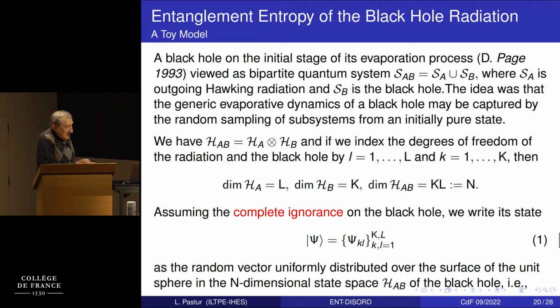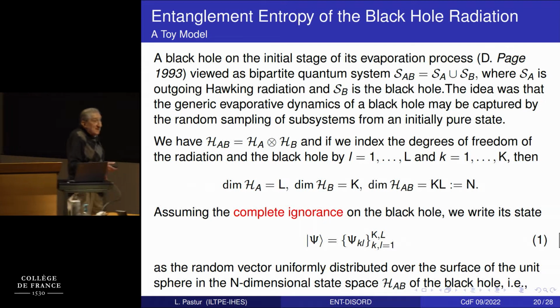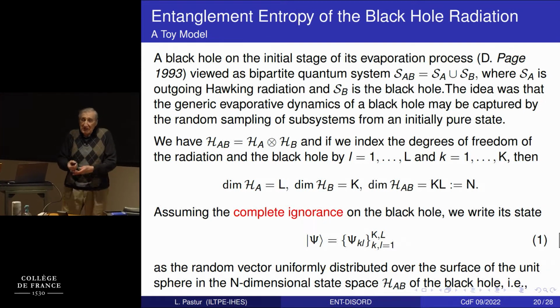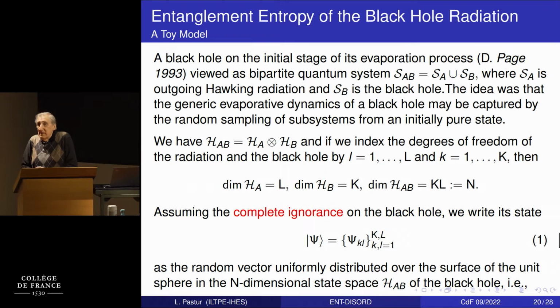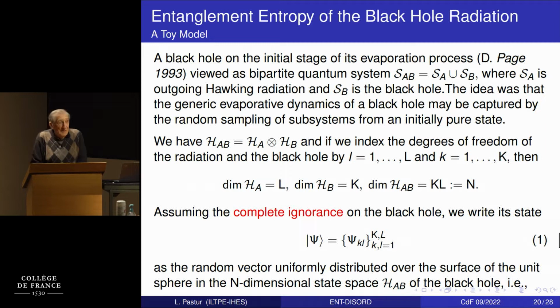Then, according to the prescriptions that I gave last time, if you would like to learn something about quantum correlation between two subsystems, we have to analyze the entanglement entropy.